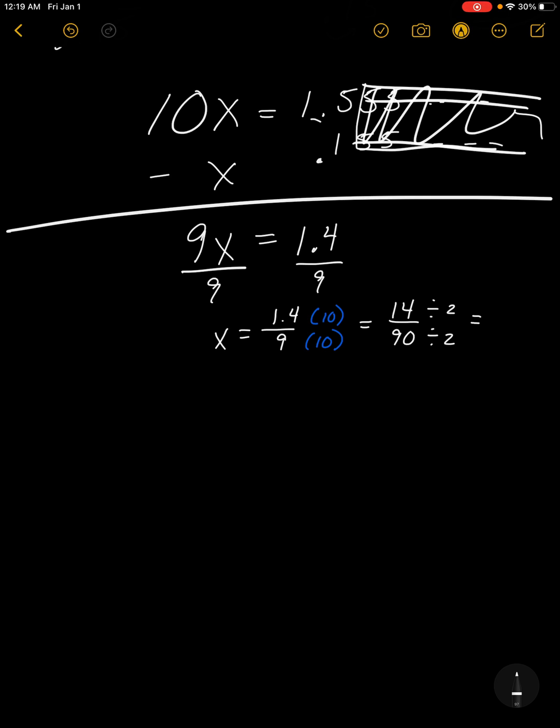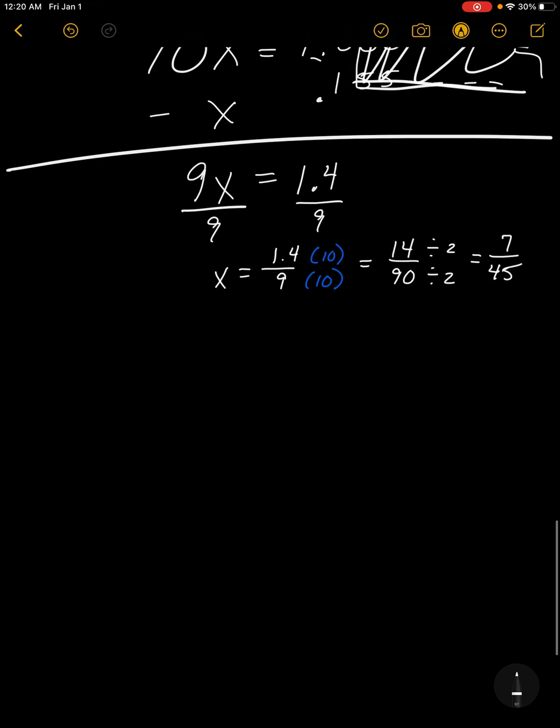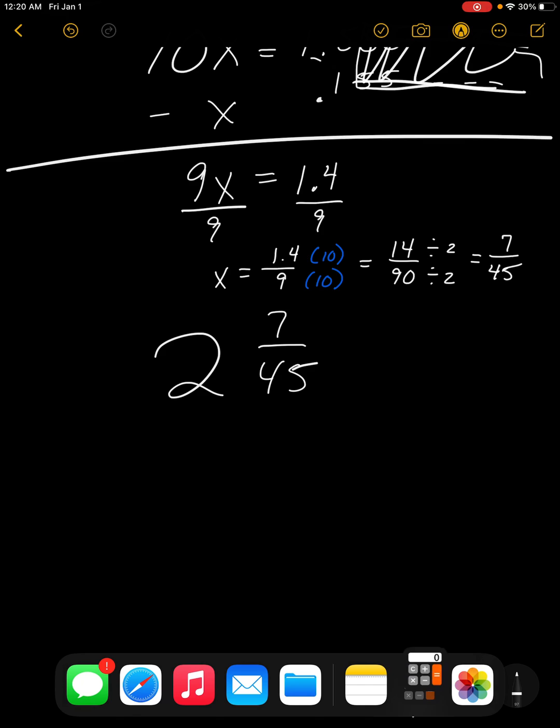And then you could divide by 2 to simplify it. As long as you do the same thing to the top and bottom of a fraction, you're going to be good. So 14 divided by 2 is 7, and 90 divided by 2 is 45. And then from the very beginning, you had a 2. So 2 and 7/45.